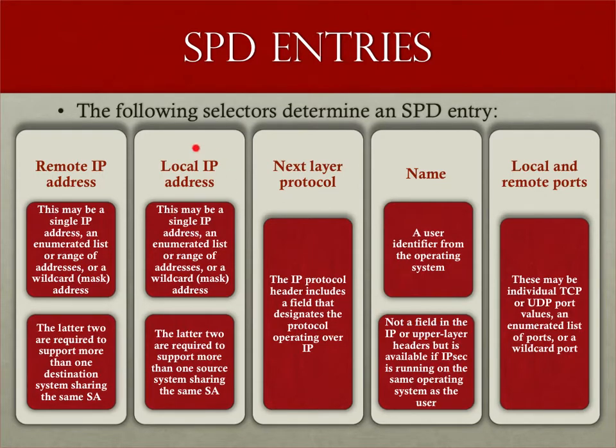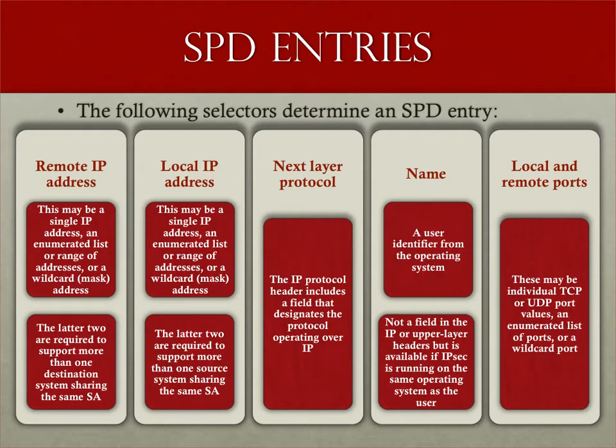The same thing applies to the local IP address. Anything that comes from this local IP address will follow certain behavior. Or anything that has a next layer protocol, which we call the protocol above IP, TCP for example, TLS, things like that.